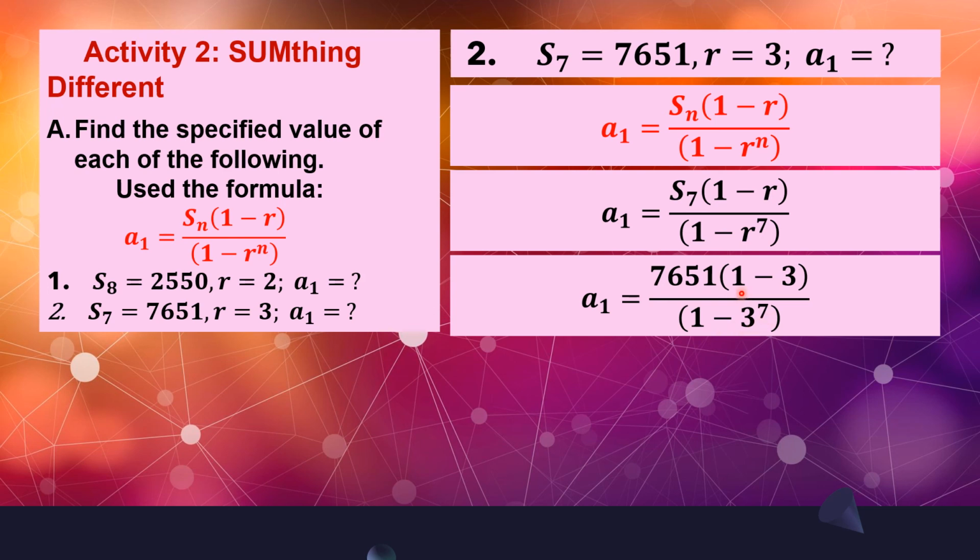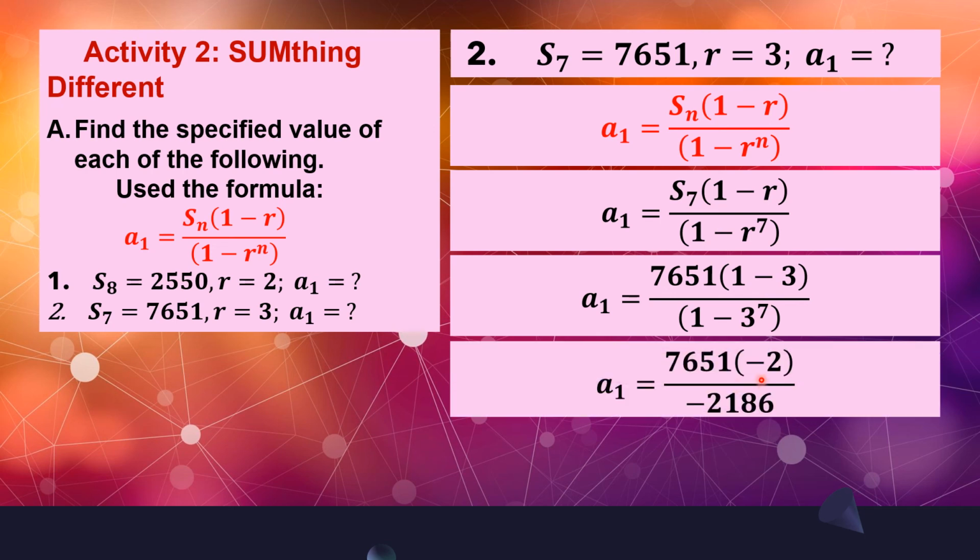1 minus 3 is equal to negative 2 times 7,651 over 1 minus 3 raised to 7 is equal to negative 2,186.